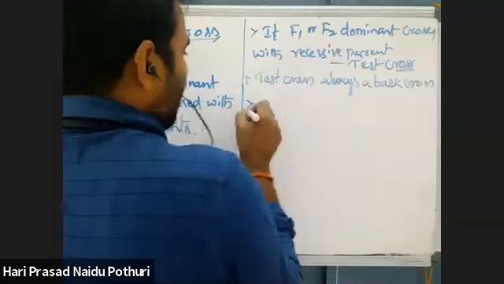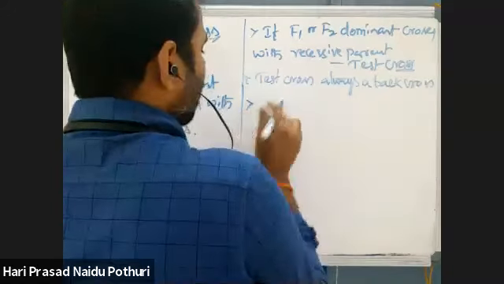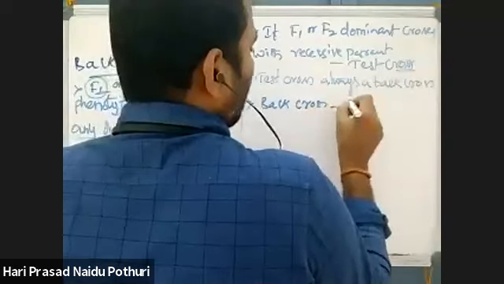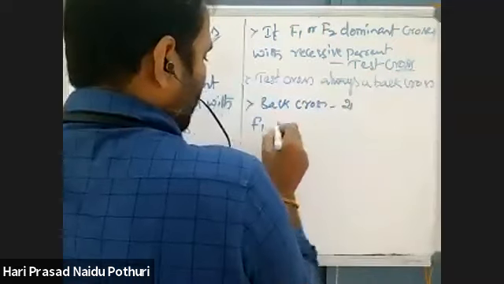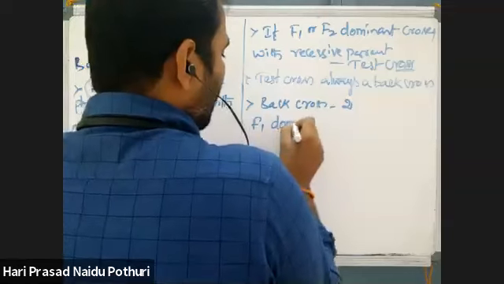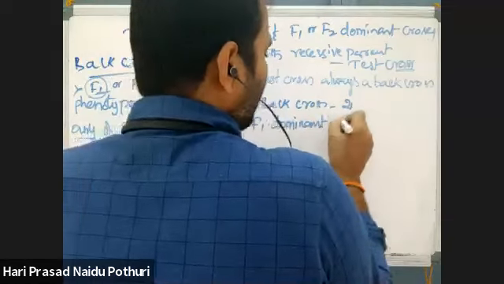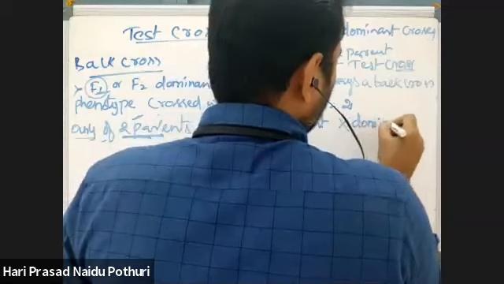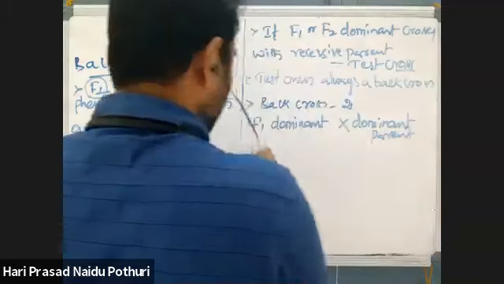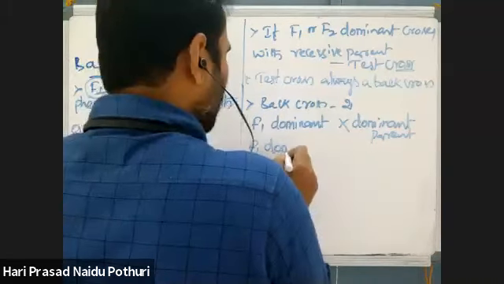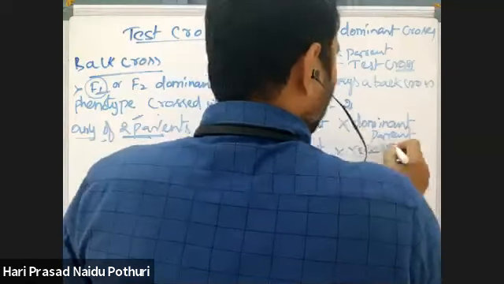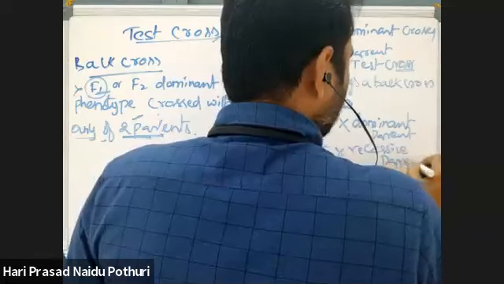Back crosses can be done in two types. F1 or F2 dominant crossed with the dominant parent is one back cross, or F1 or F2 dominant crossed with the recessive parent is also a back cross.